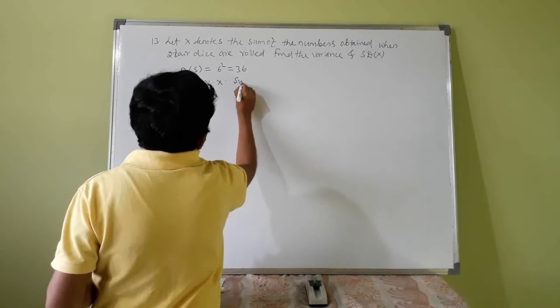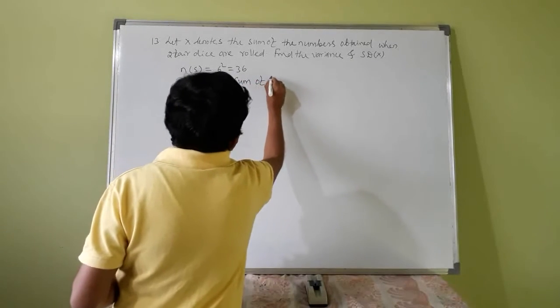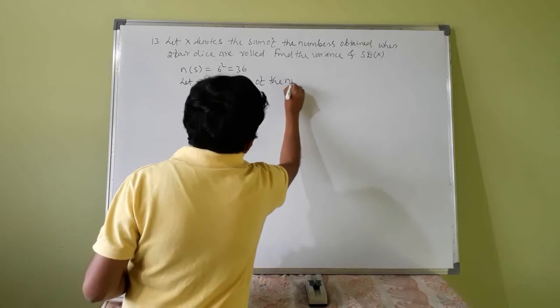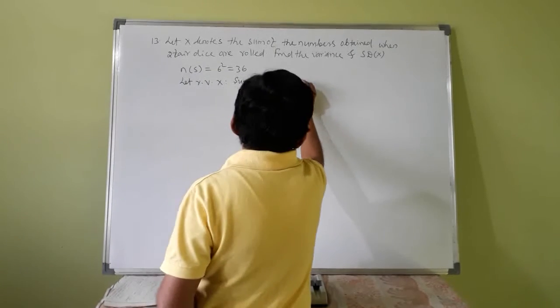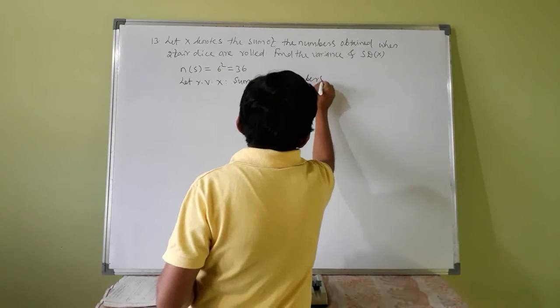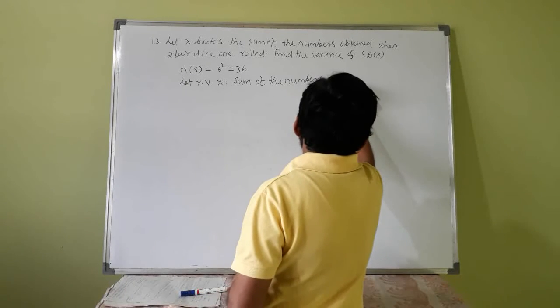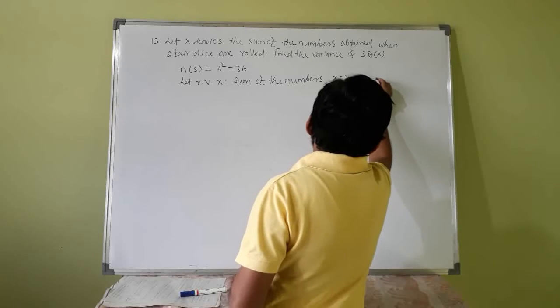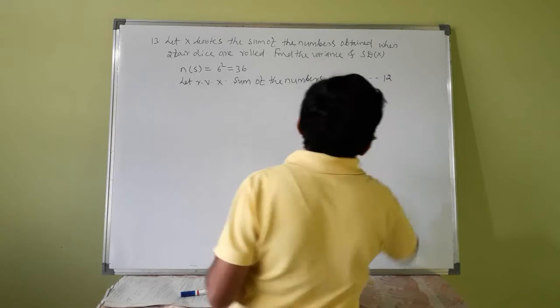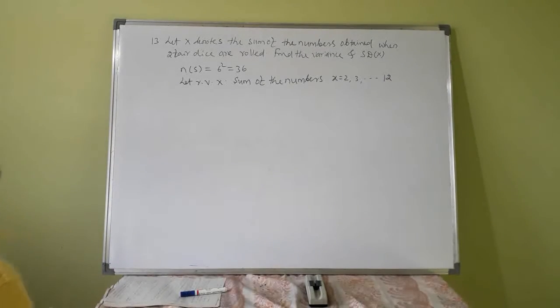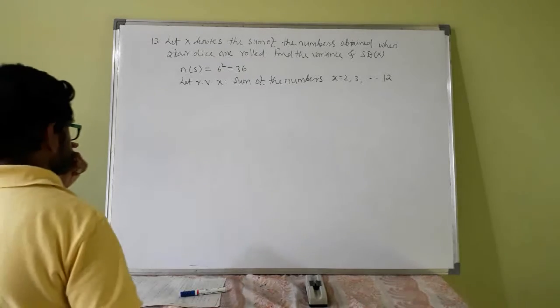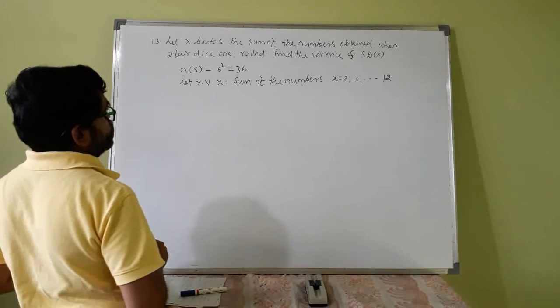Let the random variable X be the sum of the numbers, that is X may be 2, may be 3, and so on up to a maximum when both are 6, that is 12. Okay.